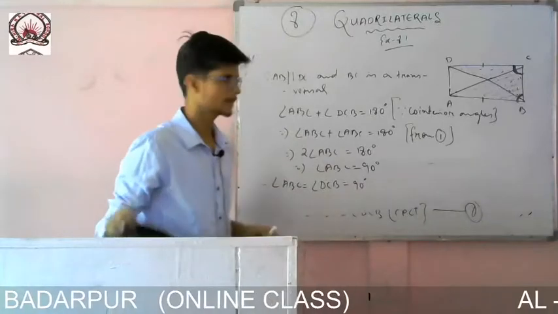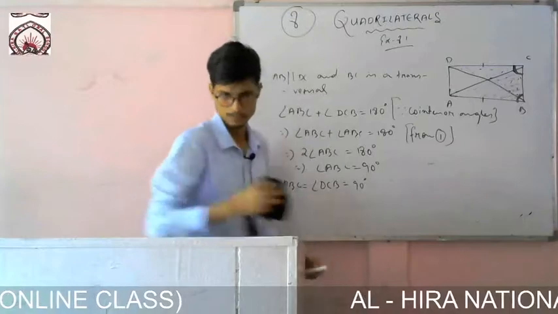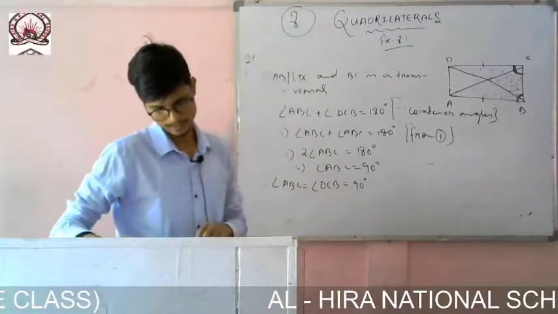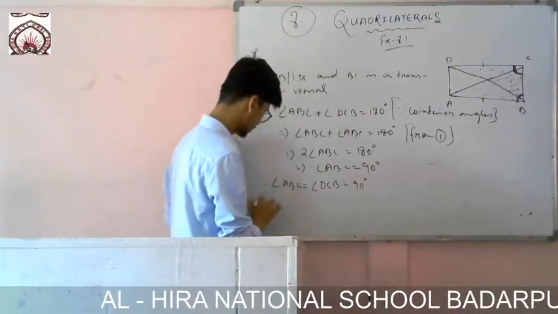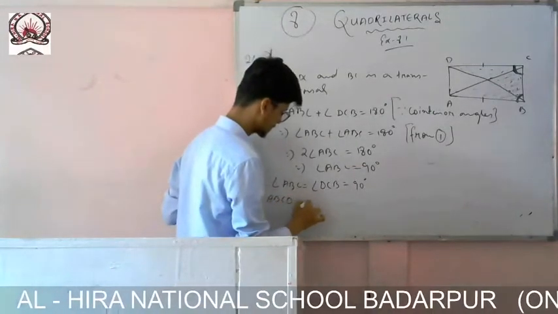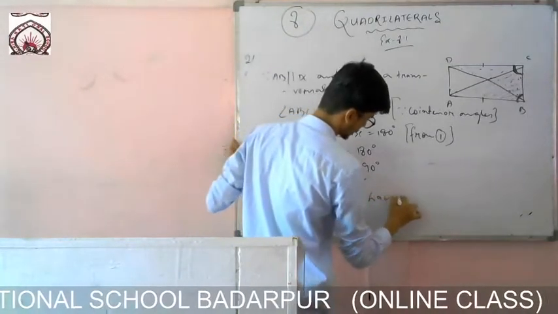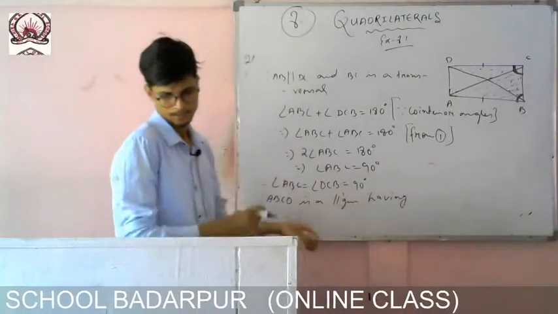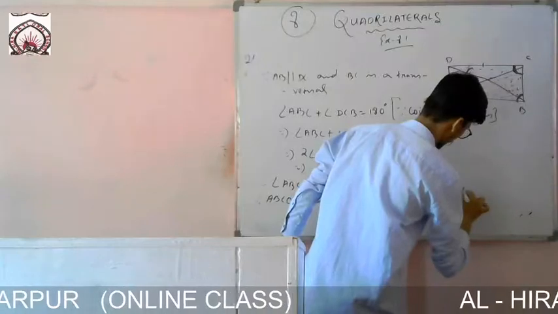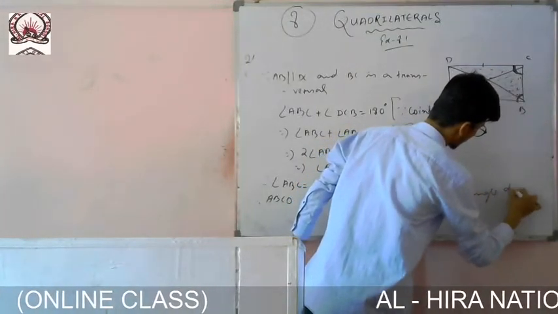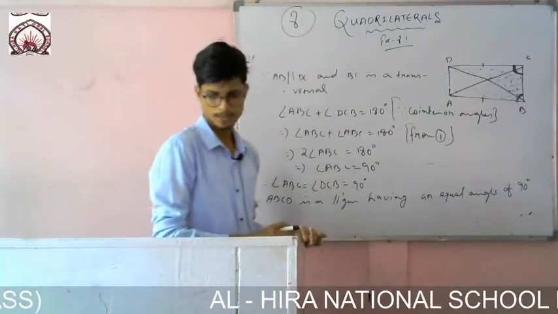So two angles are 90 degrees. So ABCD is a parallelogram having an equal angle of 90 degrees.